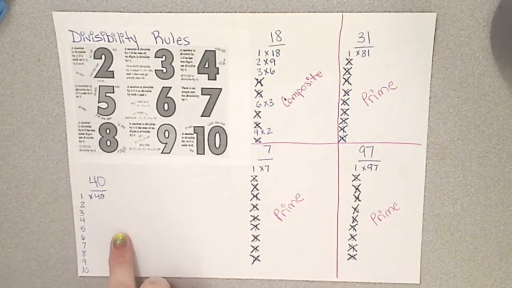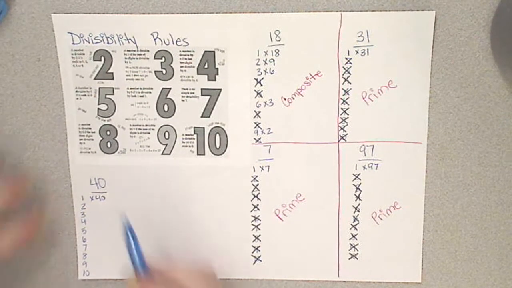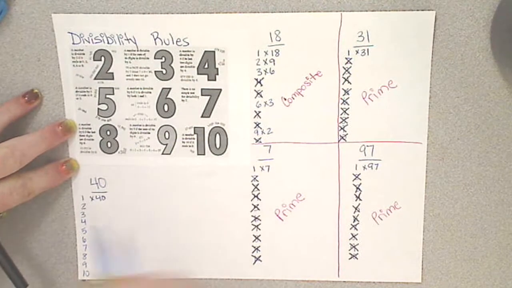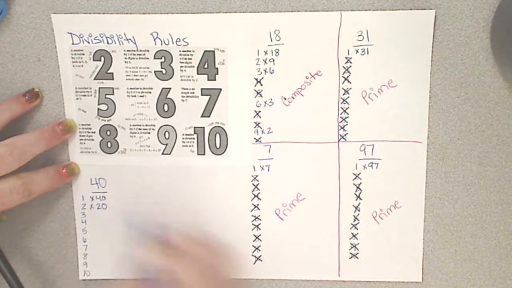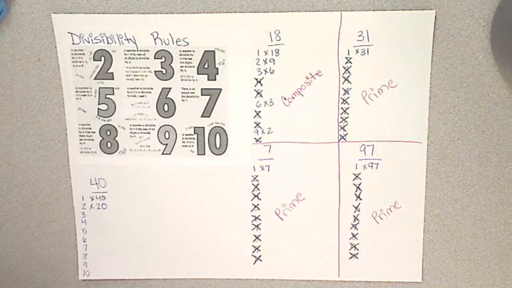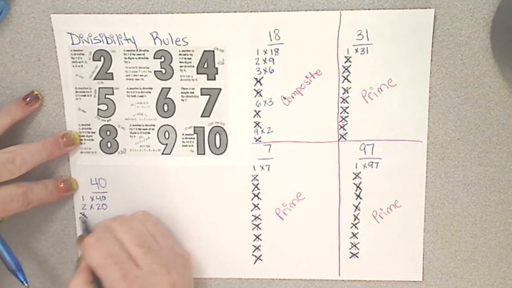Now, let's look at 40. Now, by the rules of 2, that ends in 0, 2, 4, 6, or 8, it's divisible by 2. Well, I know that 2 times 20 equals 40. The rules of 3: if the sum of its digits is divisible by 3. Well, 4 plus nothing is 4, and 4 is not divisible by 3.